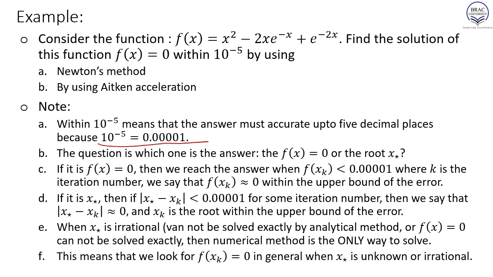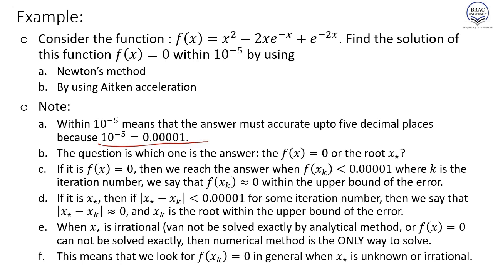To find a solution within 5 decimal points, we need to keep in our calculation up to 6 decimal points and round it off to 5 decimal points. And if it is less than 0.00001 or 10 to the minus 5, then we are done.